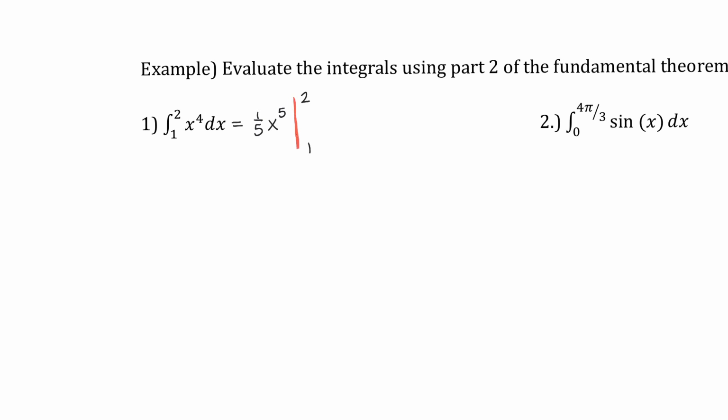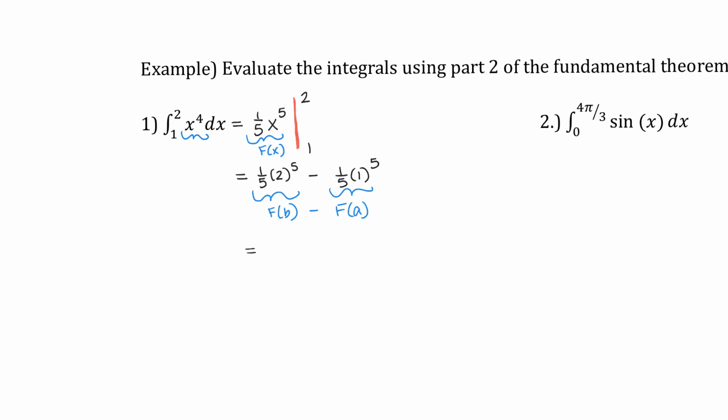And what the fundamental theorem says I can do is that once I have the antiderivative, I will plug in the upper limit of integration and then subtract the evaluation at the lower limit of integration. So in my rule, this would be big F of b minus big F of a. And here, this right here, is big F of x, the antiderivative of my integrand, x to the 4th.